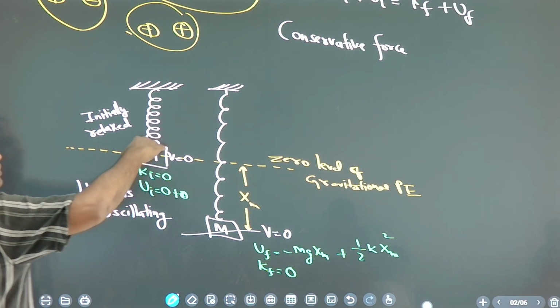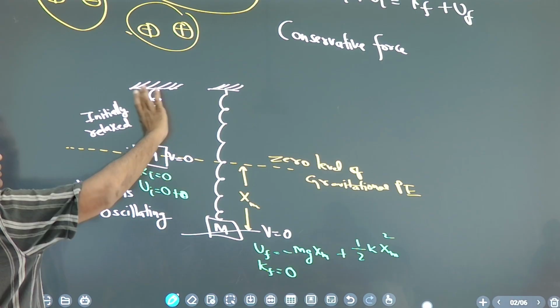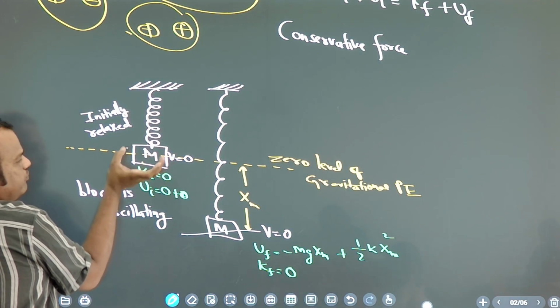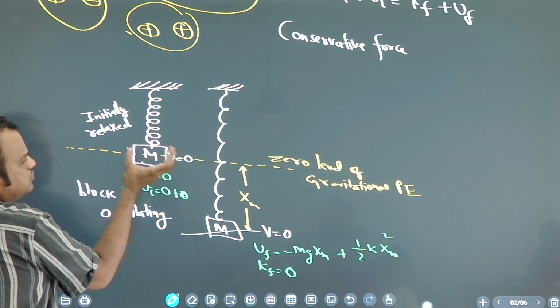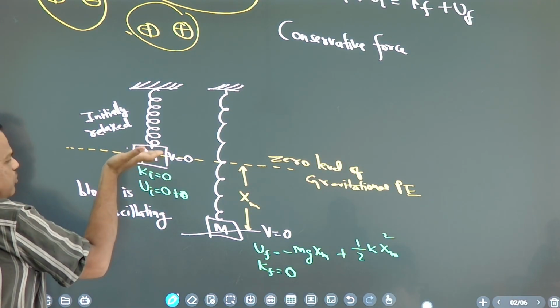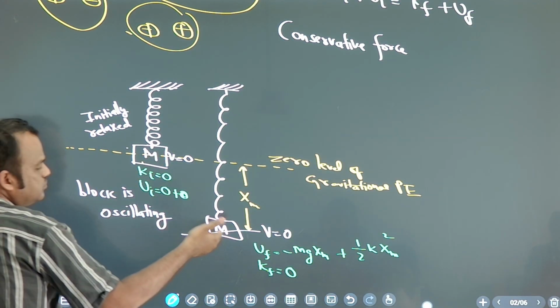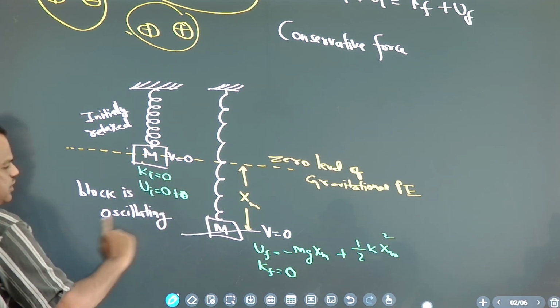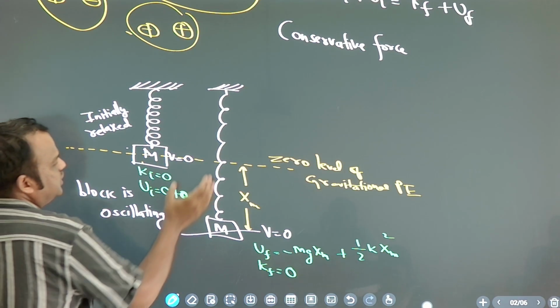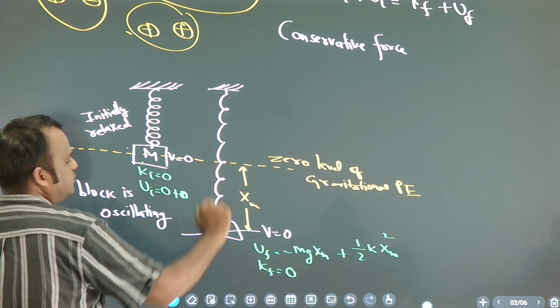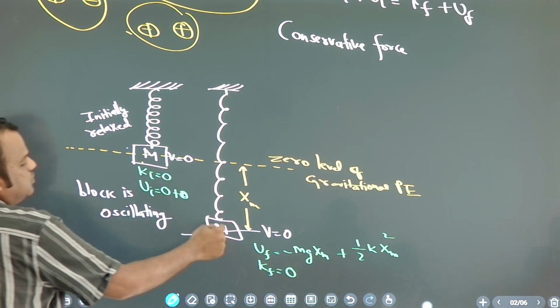So this is the initially relaxed spring. You attach a block here and release. The block will come down and oscillate like this. Here the speed is 0.